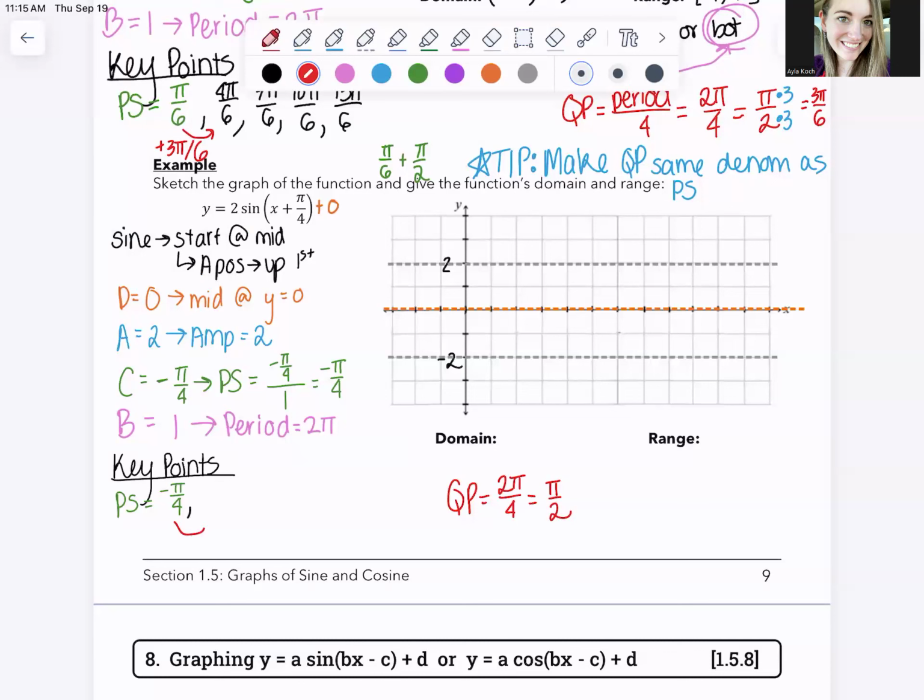Once again, because we're going to be adding pi over 2 here, I want it to have the same denominator. I want to be able to add the quarter period to the phase shift. So I want this to have a denominator of 4 so that it matches the phase shift. So this quarter period that I'm going to use is 2 pi over 4.